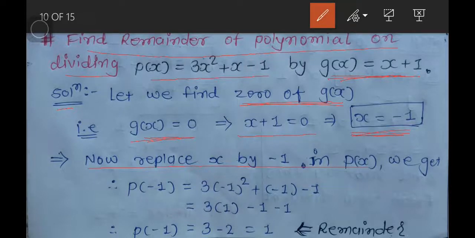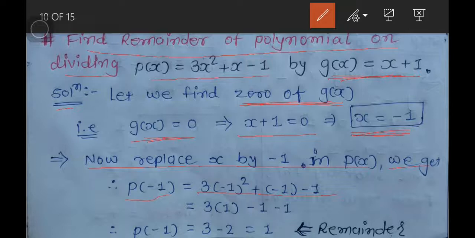Wherever we see x, we replace it by minus 1. So we get p of minus 1, which is equal to 3 into minus 1 squared plus minus 1 minus 1.